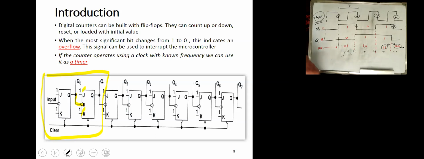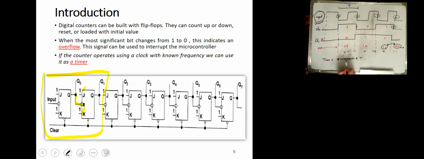So basically, the time that is measured by this counter is the number of increments times T, where T is the period of the incoming trigger or the incoming clock.